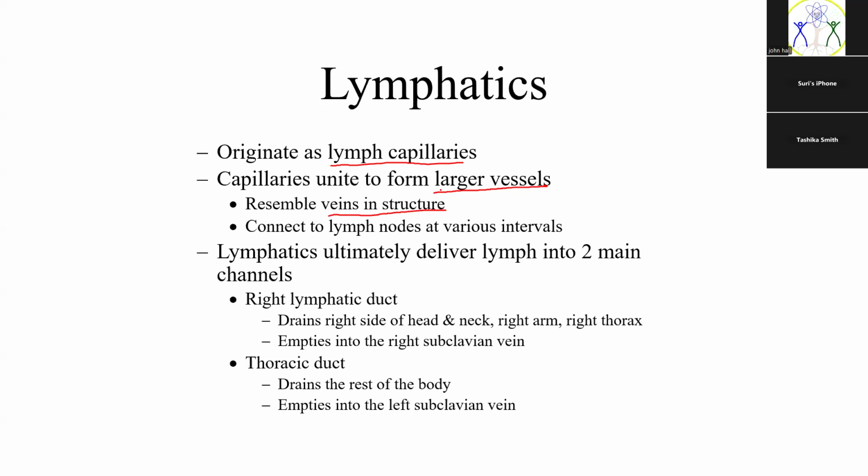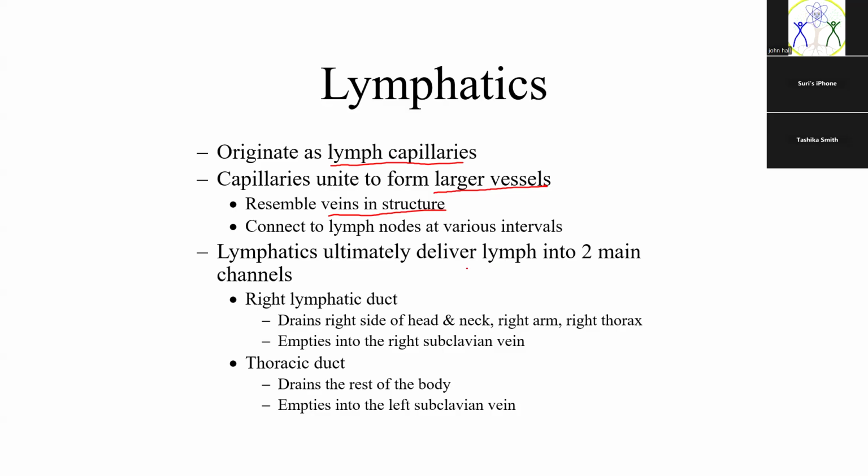Veins have a large lumen, lymphatic vessels have even larger lumens and even more valves. So a lymphatic vessel is an extreme vein, basically, right? It mentions here now that these lymphatic vessels connect to lymph nodes at intervals. Remember what the lymph nodes are for? They're for screening the lymph in the vessels. So it makes sense to have them as checkpoints as you go along, right?